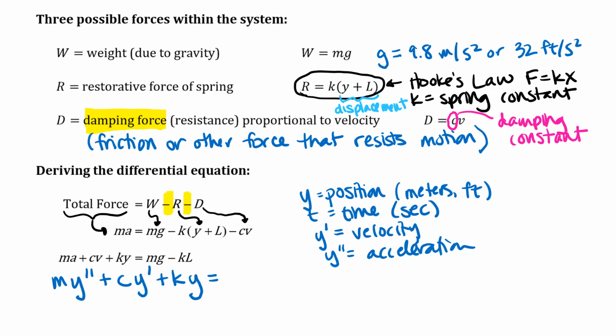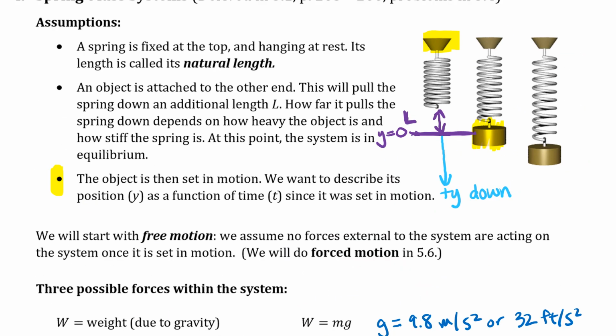I'm going to scroll back up for just a second and talk about the picture I had at the beginning. G, K, and L are all constants. They're not variables. The important idea here is that the object is in equilibrium.